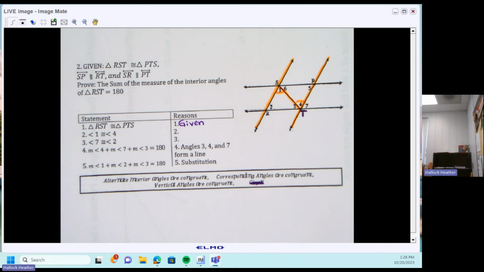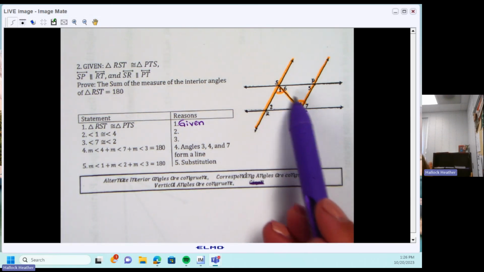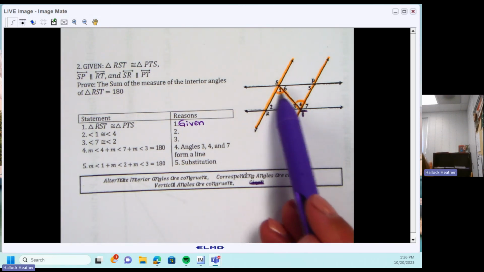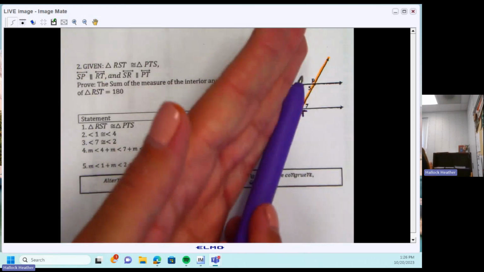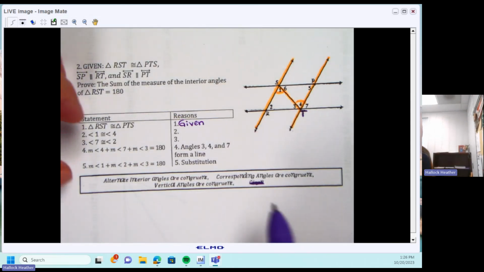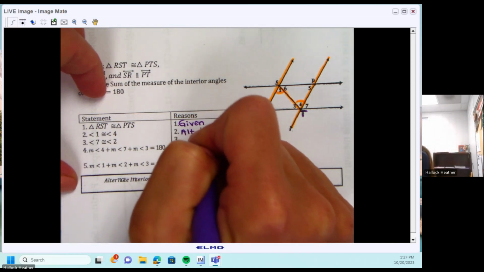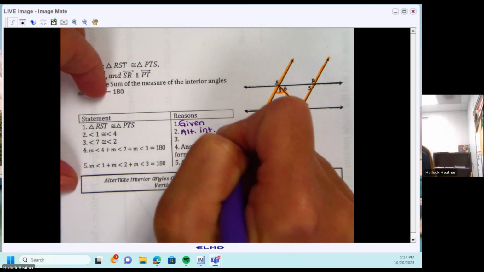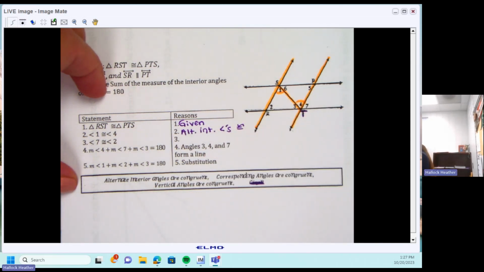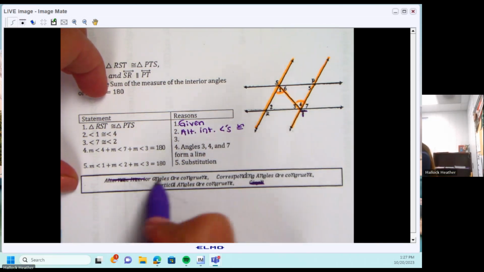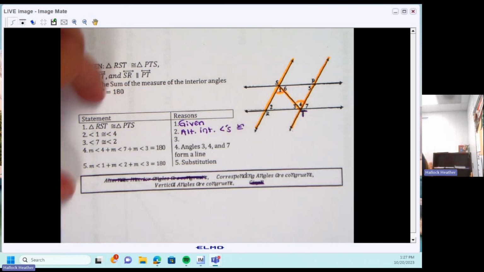Perfect. They're alternate interior of this transversal. So they're on opposite sides. They're on the inside of the sandwich. So they're alternate interior angles. And I'm going to shorthand that as much as possible. The alternate angles are congruent.